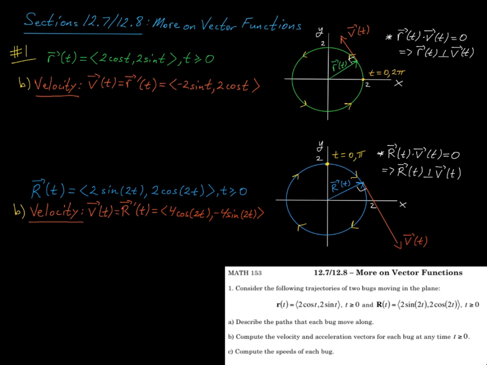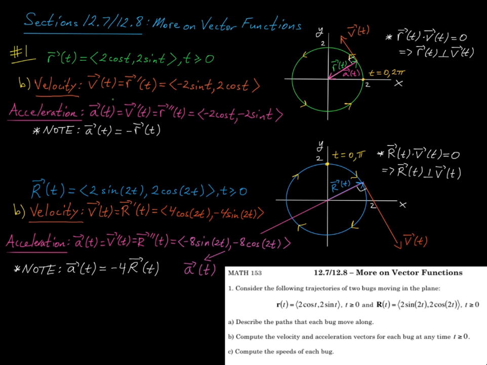Let's check out now the acceleration vector. We're just going to differentiate again. So a of t, for our first bug, is going to be negative 2 cosine t, comma, negative 2 sine t. And notice here that this is simply the opposite of our position vector. The i and j components are the same as what you see for the position vector, except there are these negatives in front.